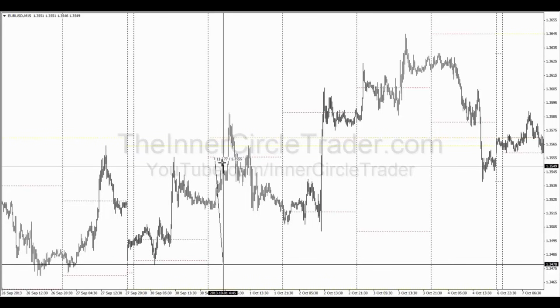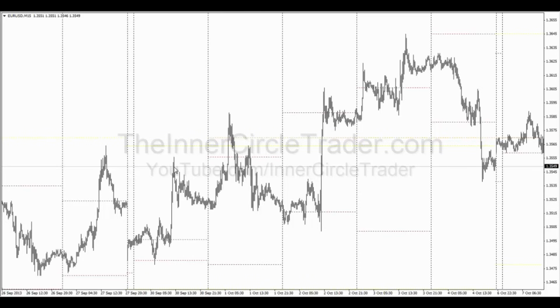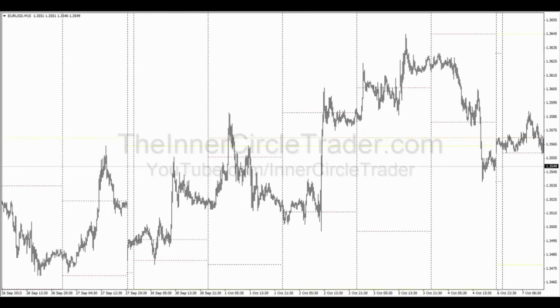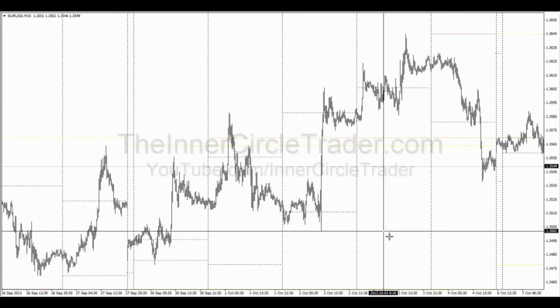See the middle number here? 78 pips. On this particular week, this Monday, it was 78 pips for that particular day. This trading day, we had the high here and the low formed right there on that candle. By looking at that range, we have a range of 71 pips, very close to the previous day's daily range.